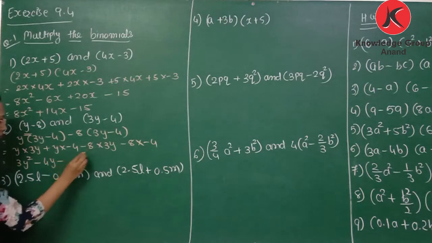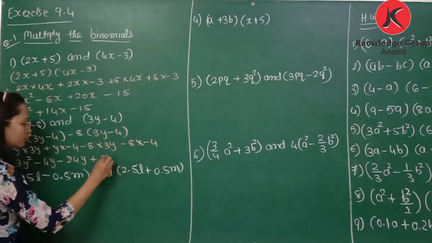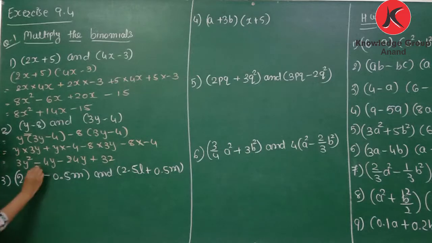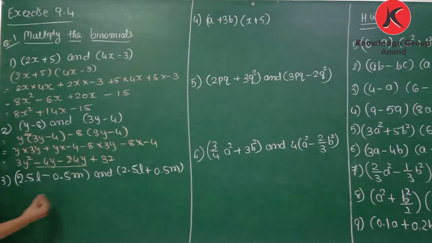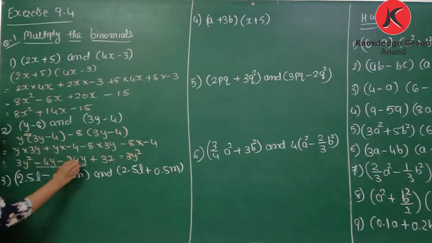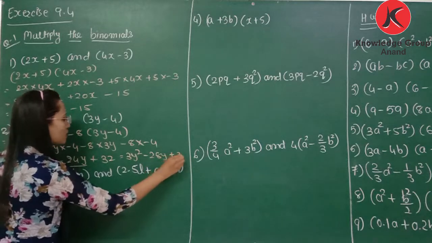This is minus 24y plus 30. Now these two are like terms, so we will write 3y square, minus 4 minus 24 becomes minus 28y plus 30.